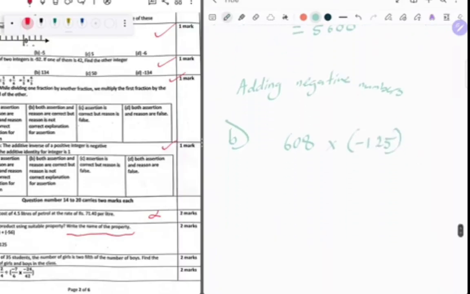So, okay, what's happening over here? The product, so multiplication of two signs. So multiplication of positive and negative numbers.